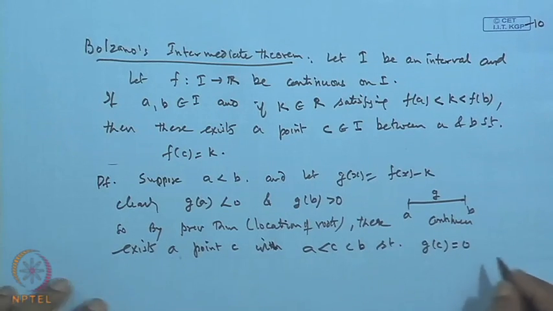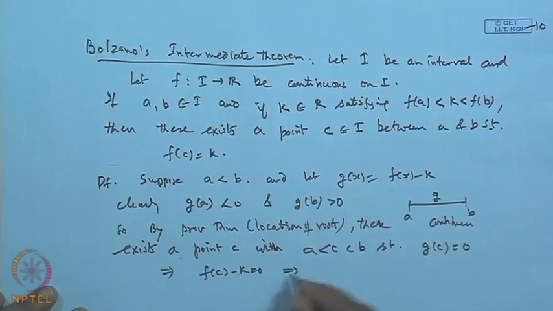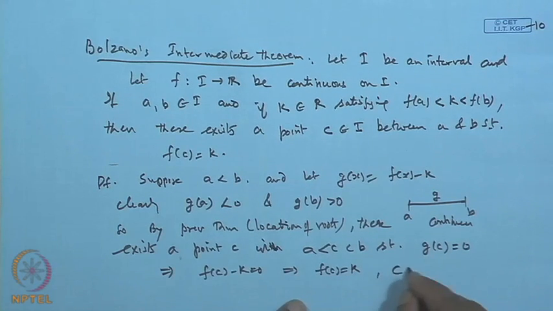But g(c) is nothing but f(c) minus k, which is 0. So this implies f(c) is equal to k. So there will be a point C available in I where the value k is attained by the function.